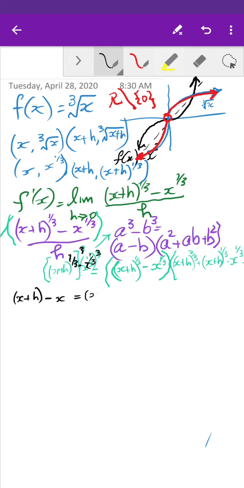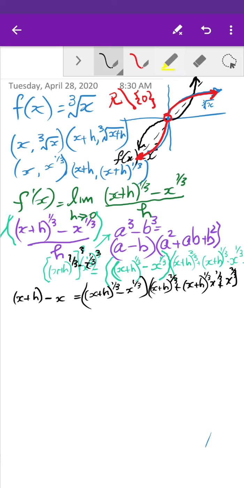That equals x plus h to the 1/3 minus x to the 1/3, that's the first bracket, and the second bracket is x plus h to the 2/3 plus x plus h to the 1/3 times x to the 1/3, and then plus x to the 2/3.